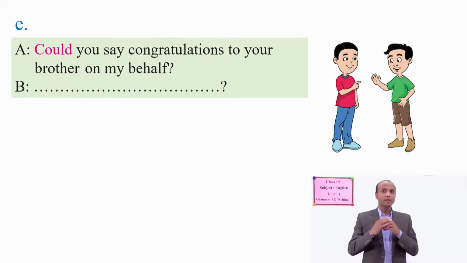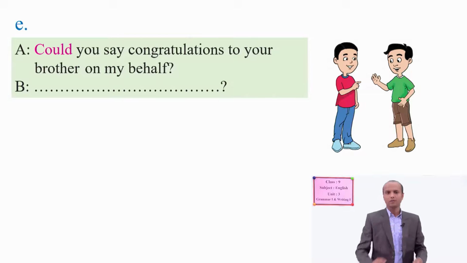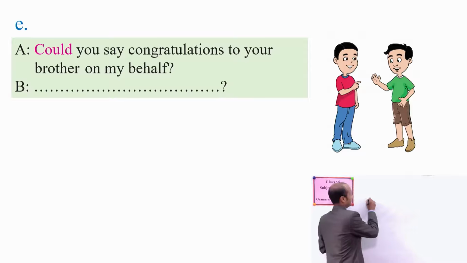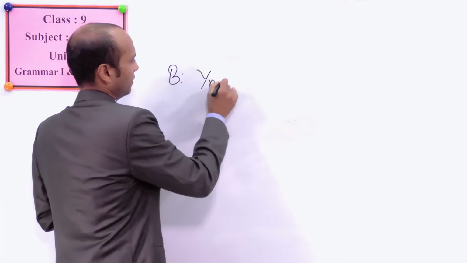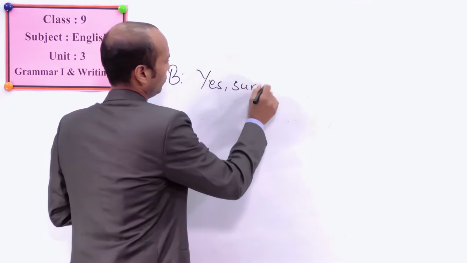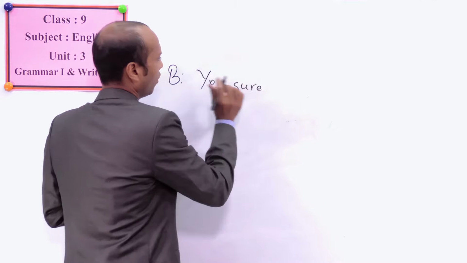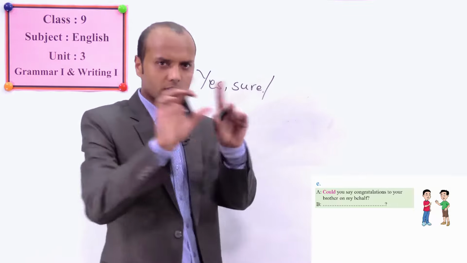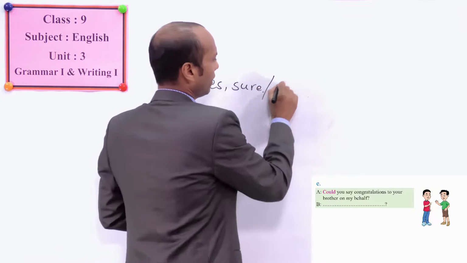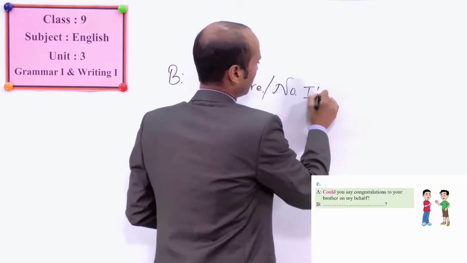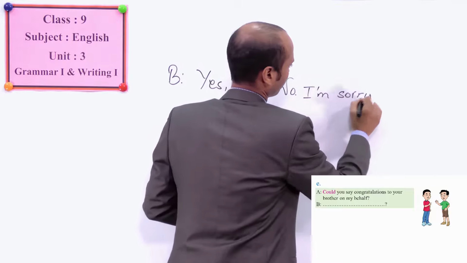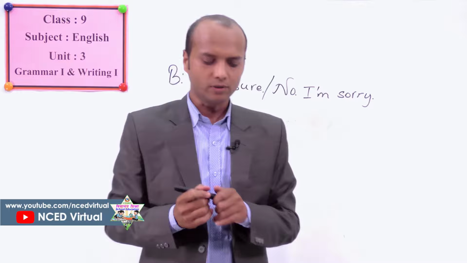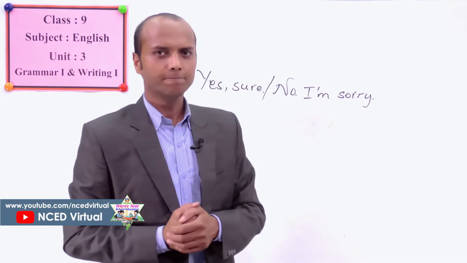If you are ready to accept this request, you have to say yes, sure. Or if you are unlikely to accept this request, you might say no, I'm sorry. So this is up to you, what you actually do. Have you got the point?